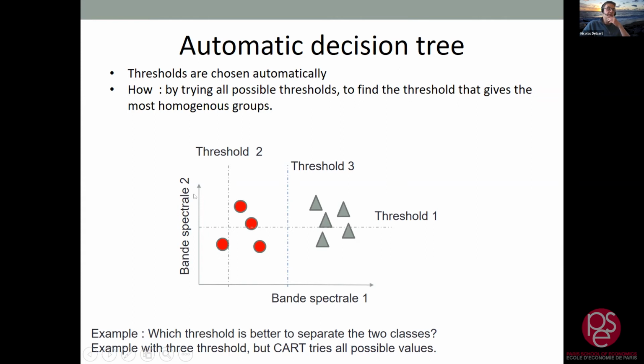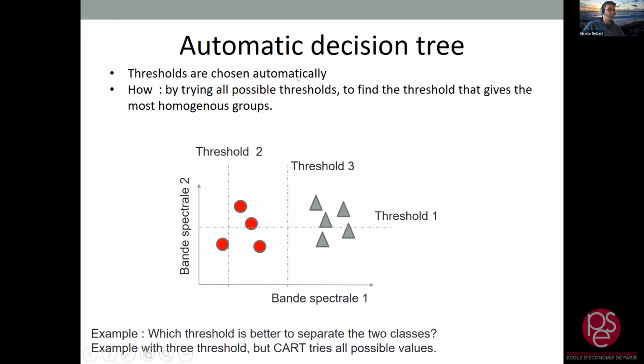So here, in this example, which threshold is better to separate the two classes? Of course, we can see it. It is threshold 3, and the CART method will determine that threshold 3 is the best one among these 3 solutions or all other threshold values.